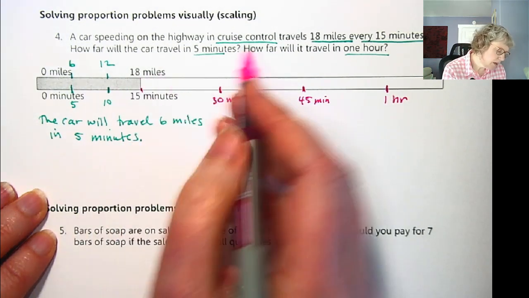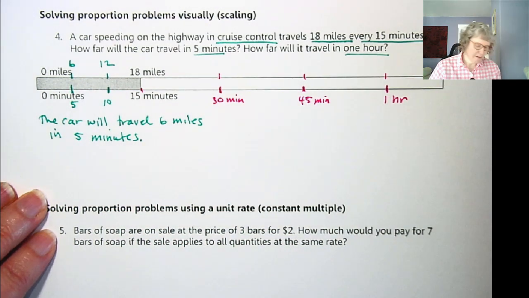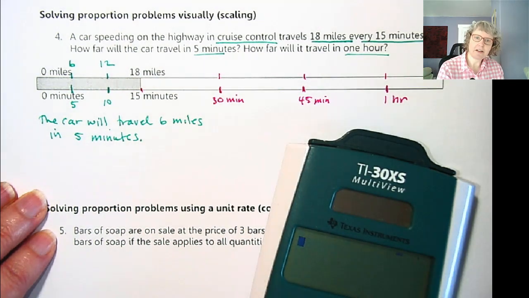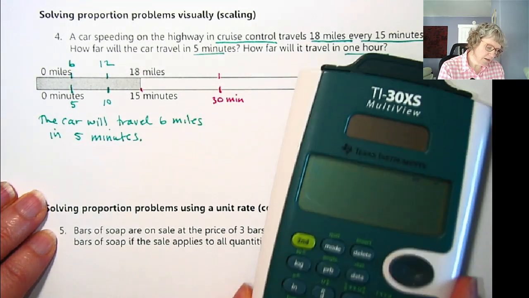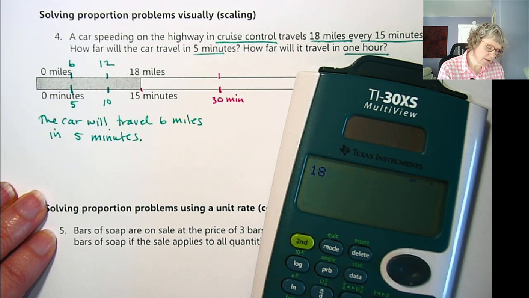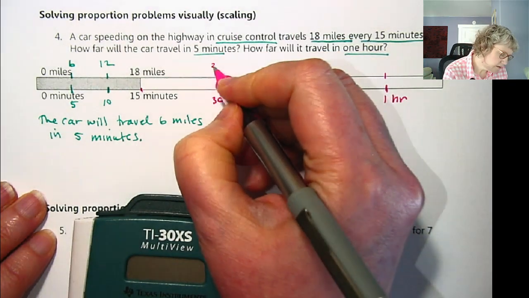And then same thing with the 18. Now I need to count by 18s. I'm not as good at counting by 18, so I'm going to use my calculator. You might be going, well, you can just multiply it by 4, right? That's fine. I'm just going to fill in my whole chart. So 18, I could do times 2, or I could do 18 plus 18 is 36.